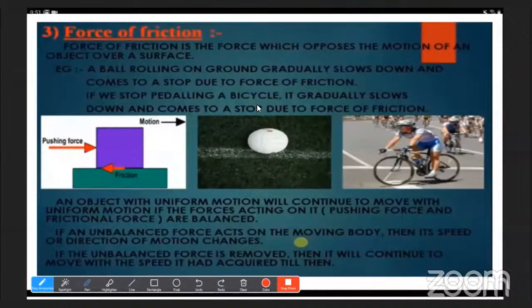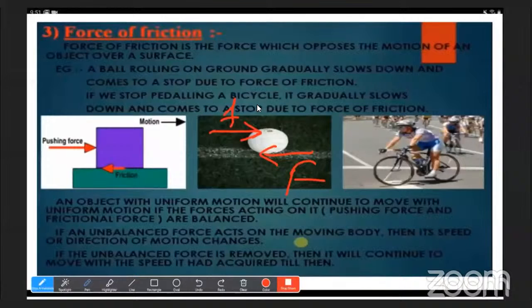Here always the frictional force acts on the object in opposite direction to the applied force on the object. Okay, so when we apply the force, you can observe figure 2 here, middle figure. So here, if you are applying the force on this object in this direction, so frictional force will act on the object in this direction. Right? So here, always a frictional force acts on any object in opposite direction.